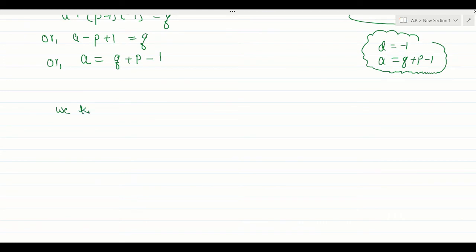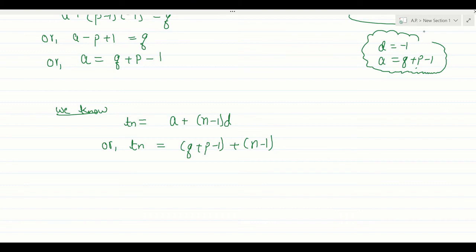We know Tn is given by A plus N minus 1 D, or Tn is equal to A. How much is A? A is Q plus P minus 1. So it is Q plus P minus 1 plus N minus 1 D. How much is D? It is minus 1. So minus 1 over here.